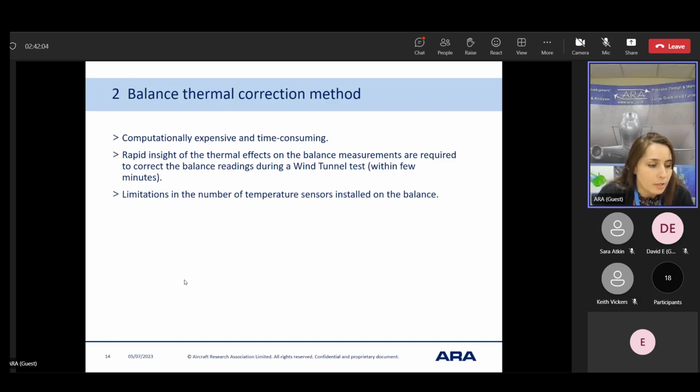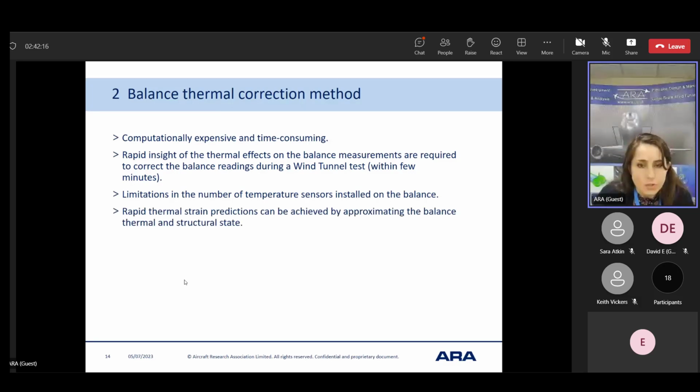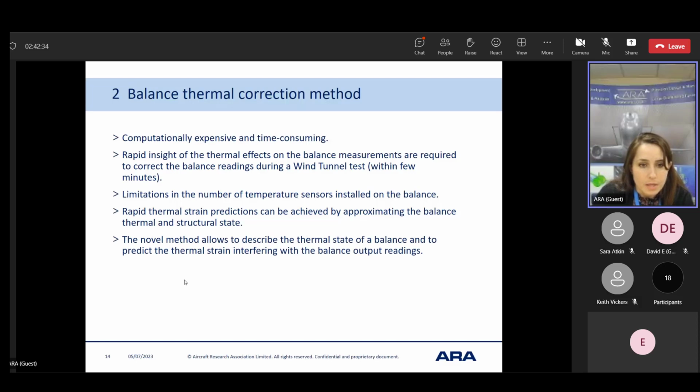We could say, why not have lots of temperature sensors on the balance? But technically it's not really possible to have thousands of temperature sensors on the balance. So one way to describe the thermal state of the balance is to approximate the balance thermal and structural states numerically.